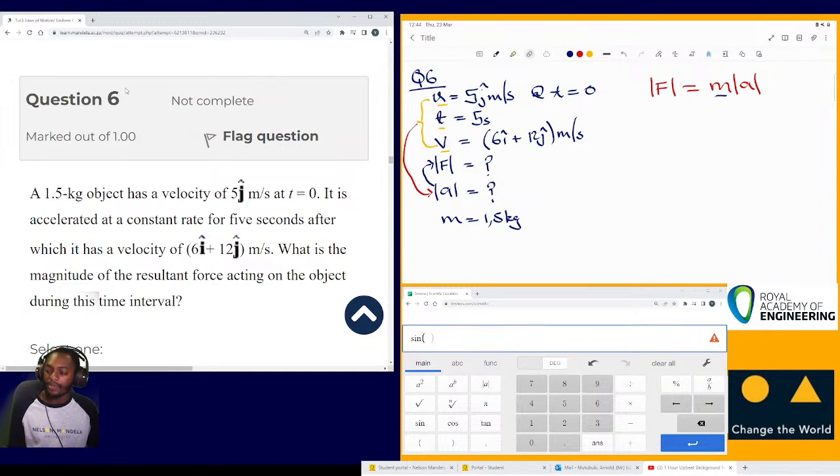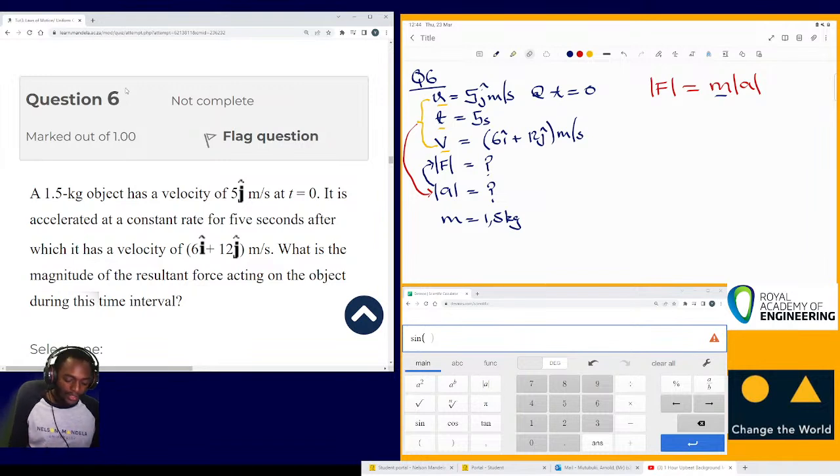And for every accelerating body there is a resultant force, so once we get the acceleration, we are able to calculate our resultant force. All right, so let's get on to it.